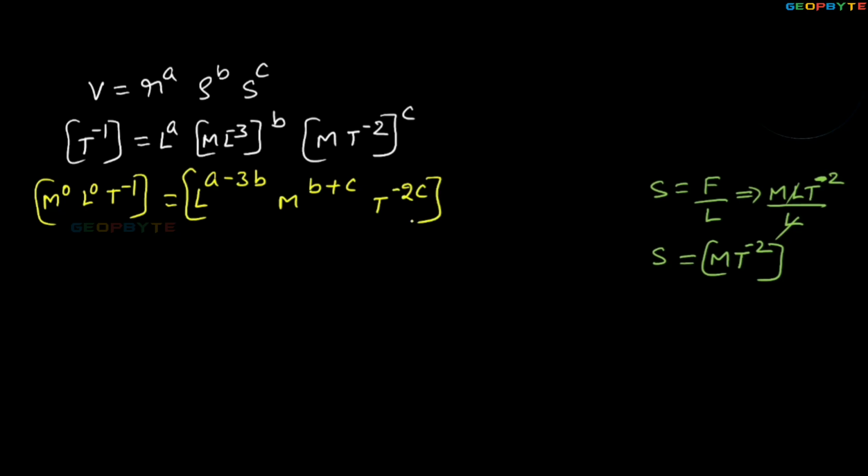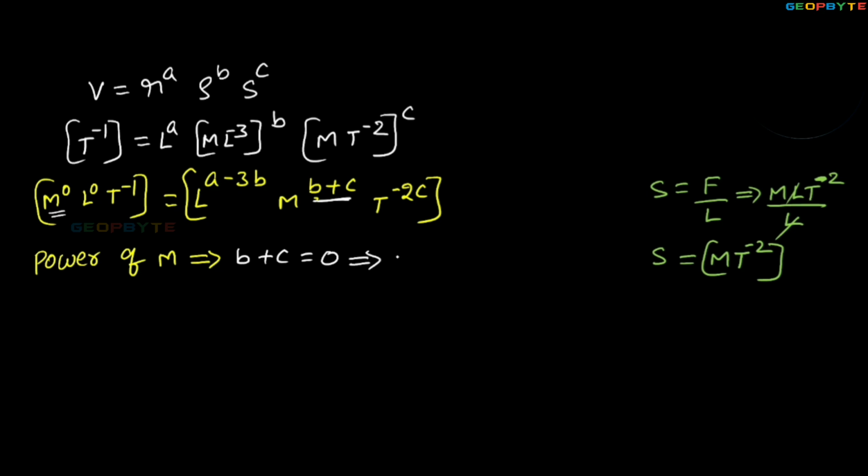Now, equating the powers. Power of M: b plus c equals 0.